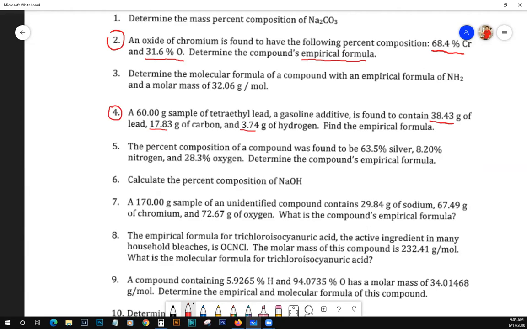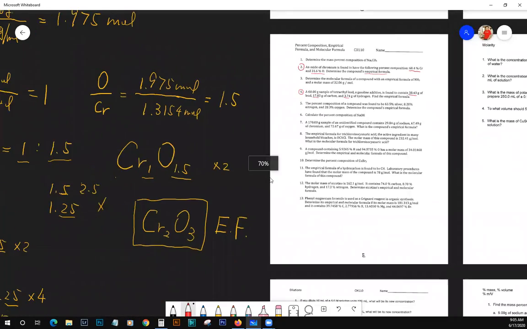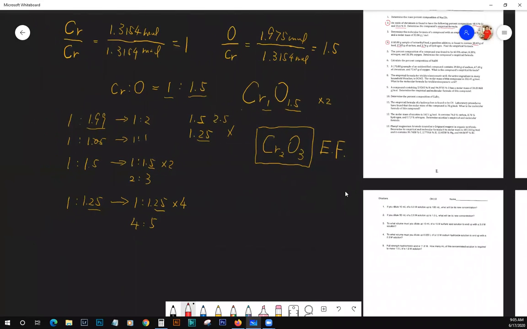So here we have lead at 38.43 gram, carbon at 17.83 gram, and hydrogen at 3.74 gram.